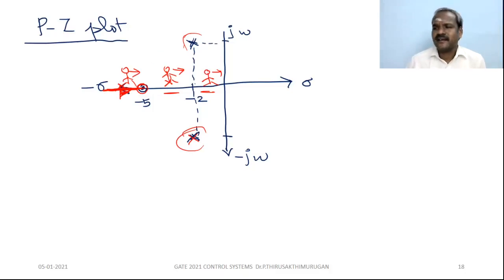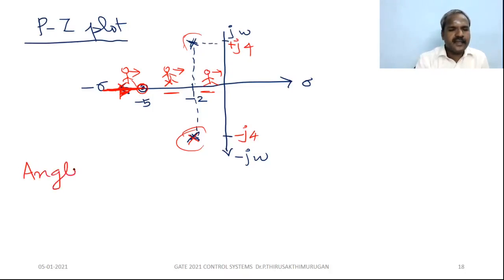Let us find the angle of asymptotes. First we fix this point: this is plus j4, this is minus j4.